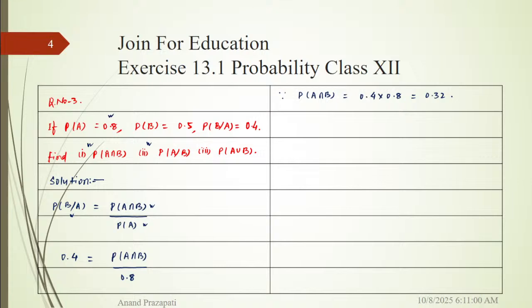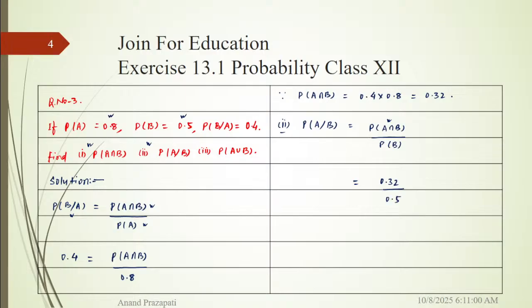Let's see the second part of question number 3. So probability of A by B equal to probability of A intersection B by probability of B. So here probability of A intersection B we found is 0.32, by probability of B from the question, it is 0.5.